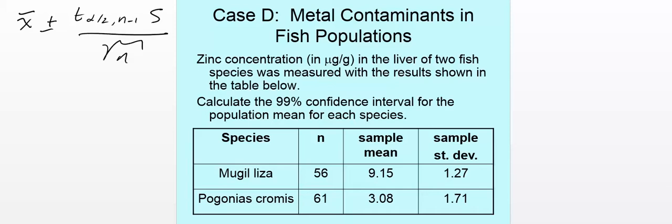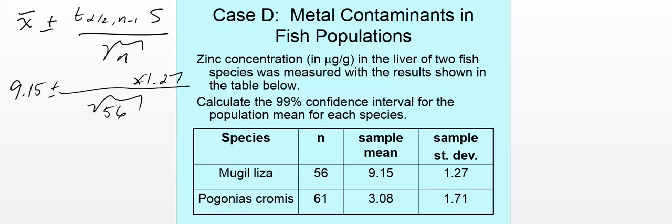So for the first case, we have 9.15 plus or minus, we need to find our t value, and then we're going to multiply that by 1.27, and we're going to divide by the square root of 56. And in the second case, we're going to have 3.08 plus or minus that critical value of t times 1.71 divided by the square root of 61.